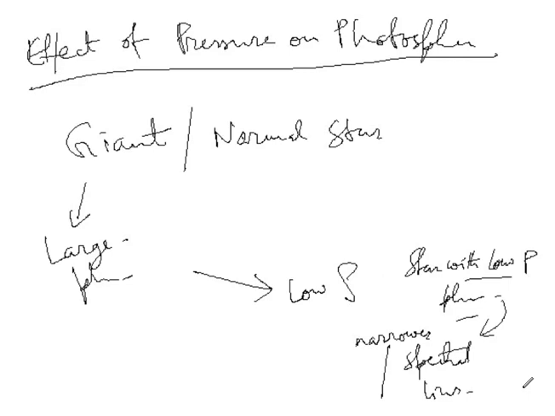Secondly, more atoms are ionized in a giant star than in a star like the Sun with the same temperature. The ionization of atoms in a star's outer layers is caused mainly by photons, and the amount of energy carried by photons is determined by temperature. But how long do the atoms stay ionized?